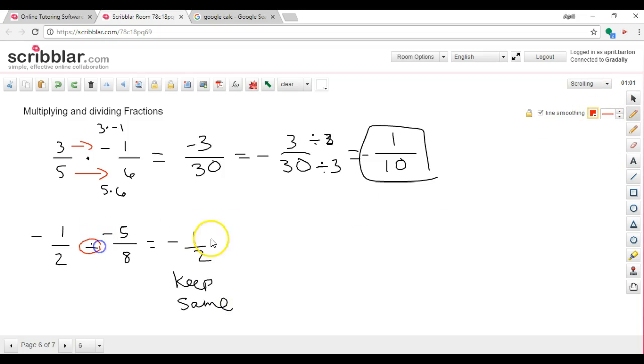The divide sign is going to change to multiply. And the second fraction is going to flip. We call this the reciprocal when we flip a fraction upside down.